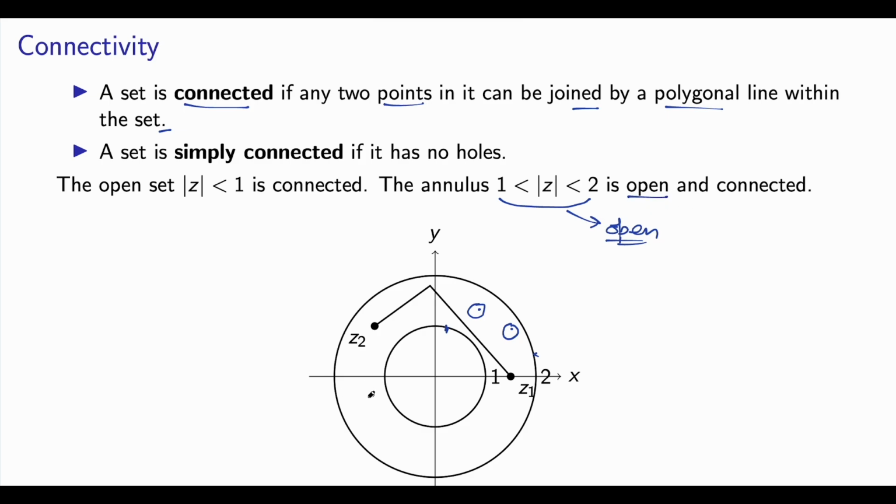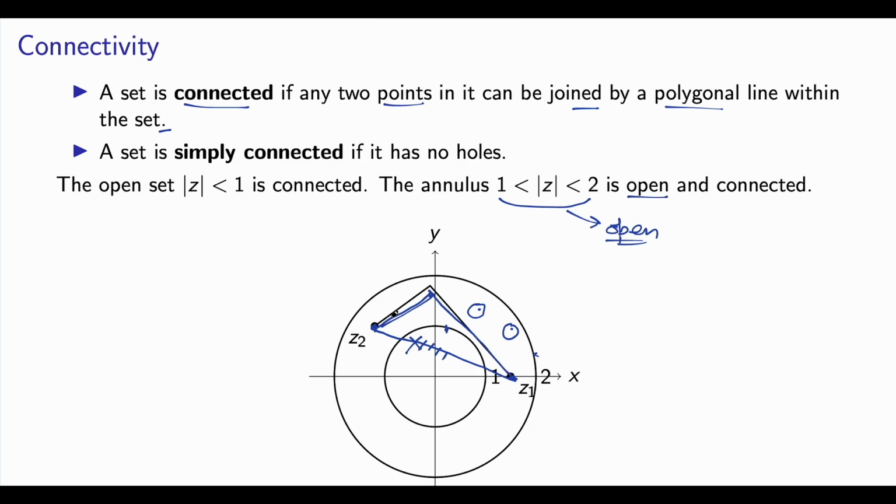Connected means if I want to take a point here and a point here, I want to join them. If I join them by a straight line, then this is completely outside of the domain, which we do not want, right? So I can use another way to join them, like this and like this.